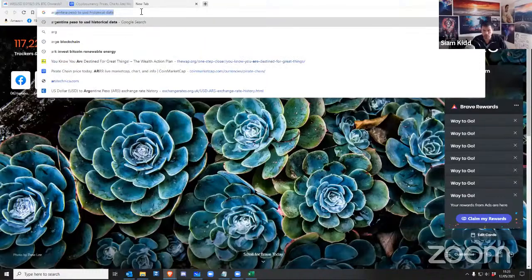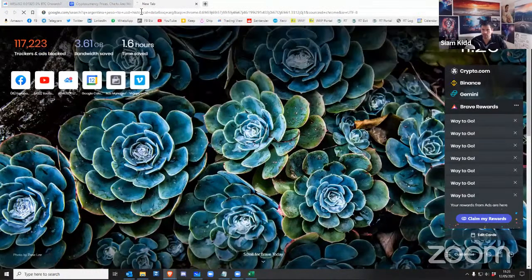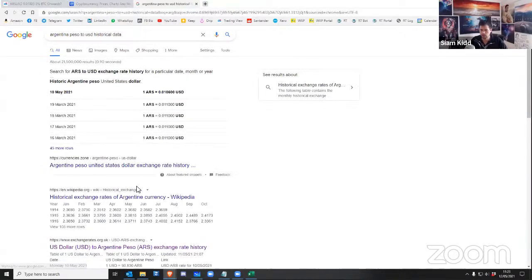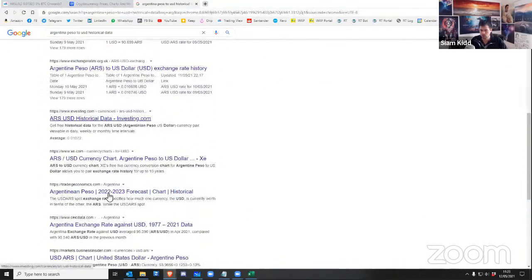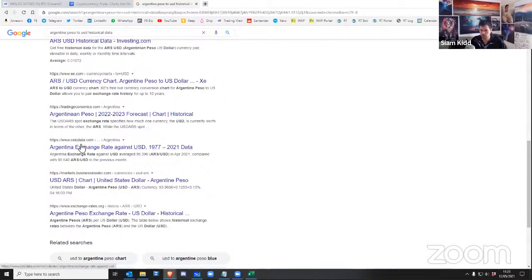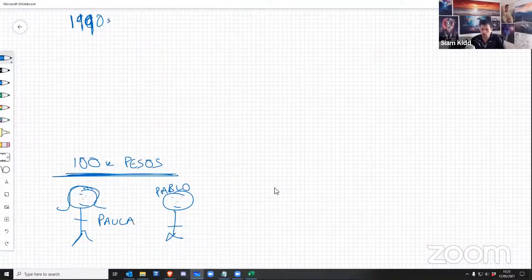Let's have a look at what happened to the Argentine peso. Let's look at the historical 2022. Yeah. So for a long, long time, 1 peso equaled 1 US dollar, which is great.